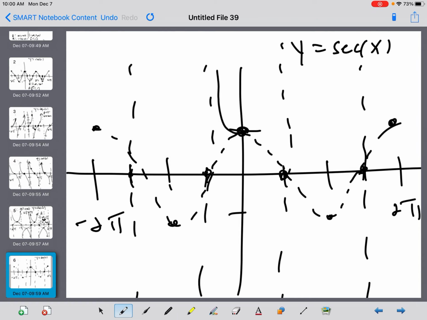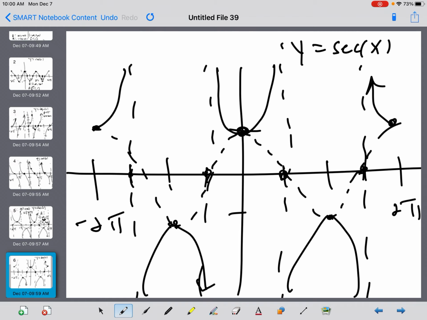All right, the parabolas are going to go like this, and like this, and then halfway there. And this one's going to go like this, and like this. So there's from negative 2 pi to 2 pi, and you guys have to go negative 4 pi to 4 pi, so just graph those.